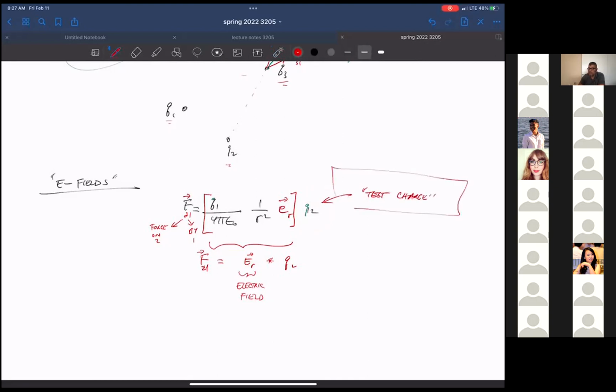I'm trying to think of what confused me when I was studying this. There's like one real effect so far in electrostatics, and that one real effect is that if you have a charged particle, another charged particle, or another set of charged particles, can get you to accelerate in a certain direction.